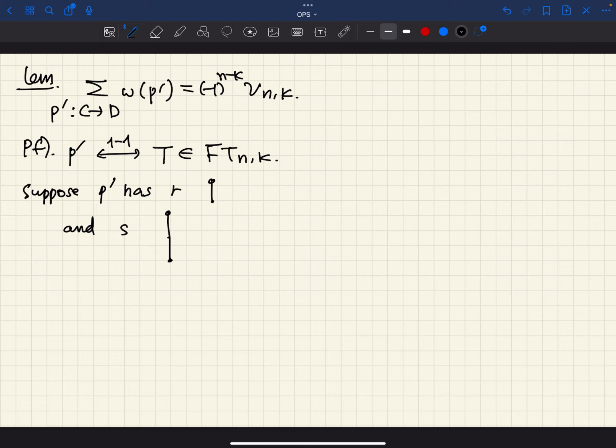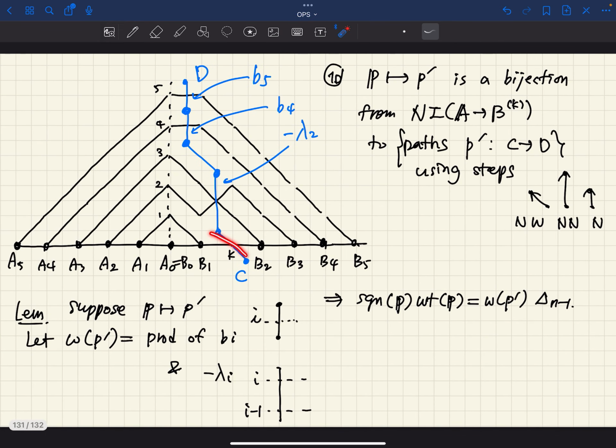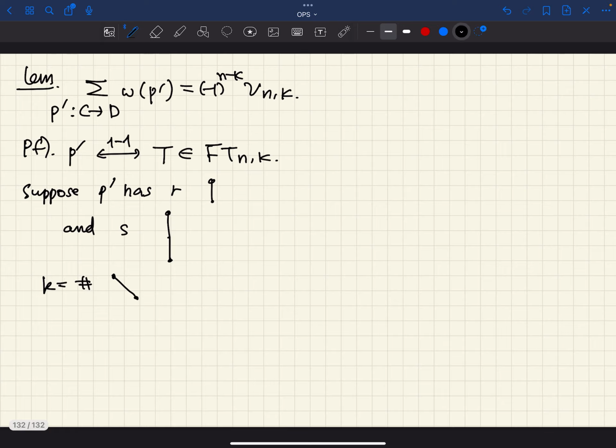By the way, k is the number of steps like this, because this is how you go from here to there. So if you combine them all, r plus 2s plus k is the total height, which is n.